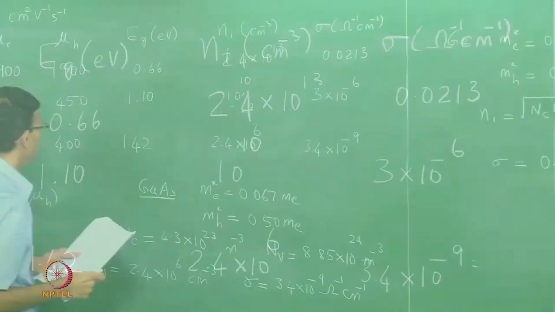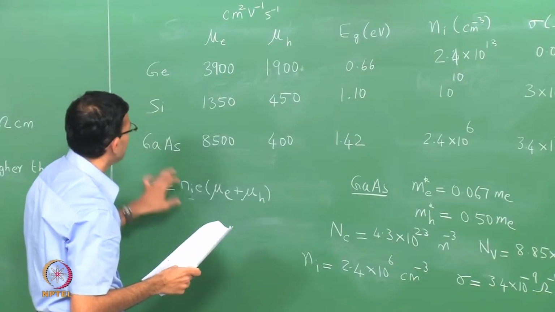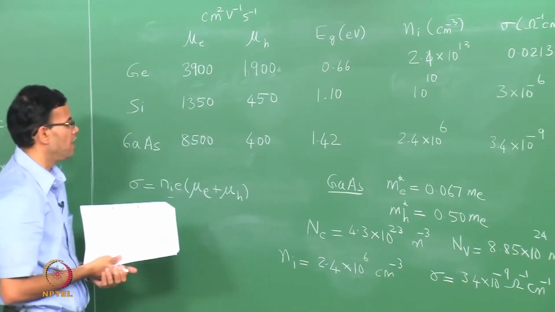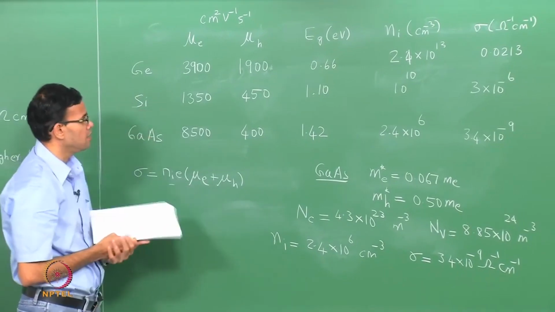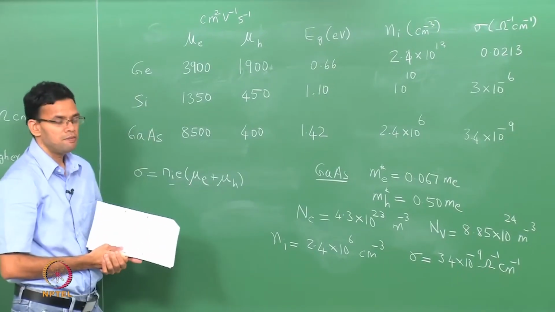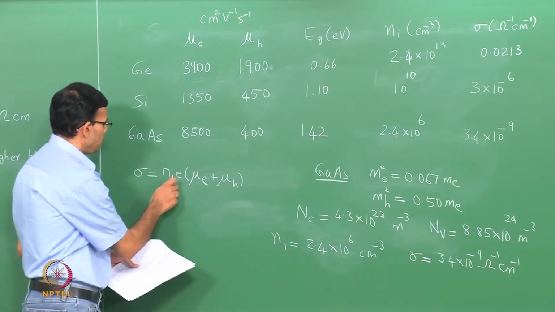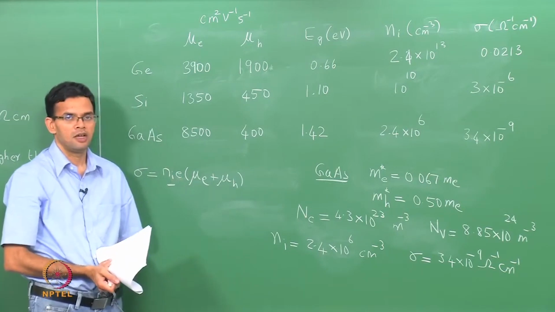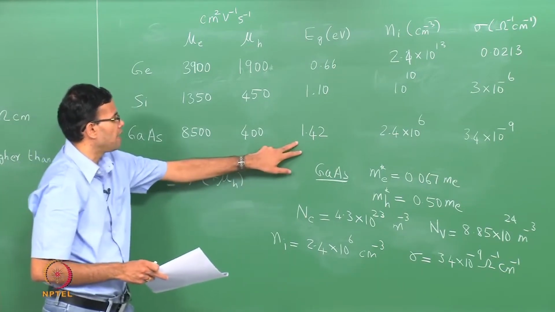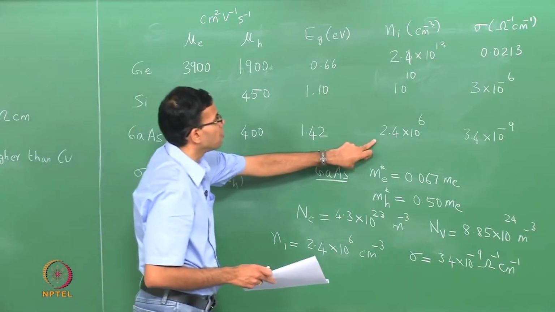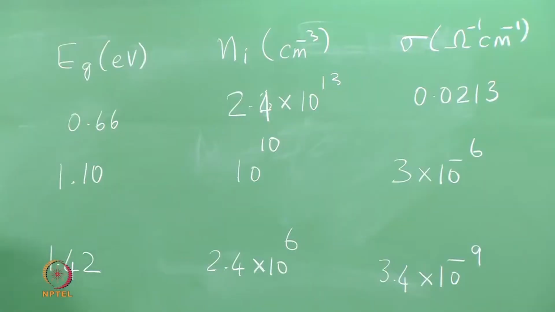So, we have 3 semiconductors: germanium, silicon and gallium arsenide. We found that gallium arsenide has the highest mobility. Germanium is also higher than silicon, but the main term that really dominates the conductivity is Ni, which is the carrier concentration, and Ni depends upon the band gap. So, higher the band gap, lower the carrier concentration, correspondingly lower the conductivity.